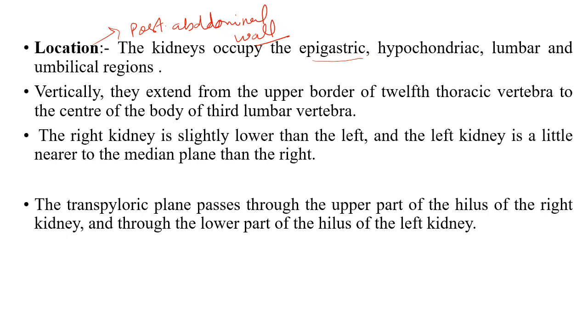Now we can easily understand what these are. Vertically, if we look at the vertebral level, it extends from T12 to L3 vertebra. If we look closely at both kidneys, the right kidney is slightly lower than the left kidney in position, and the left kidney is a little nearer to the median plane.